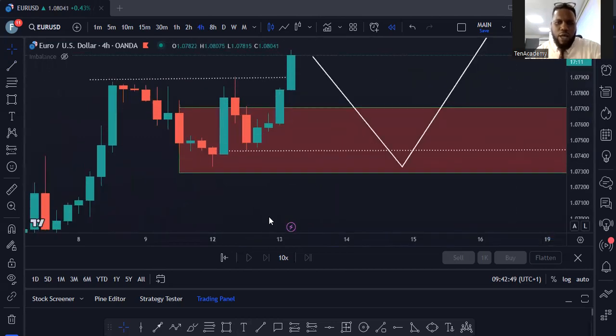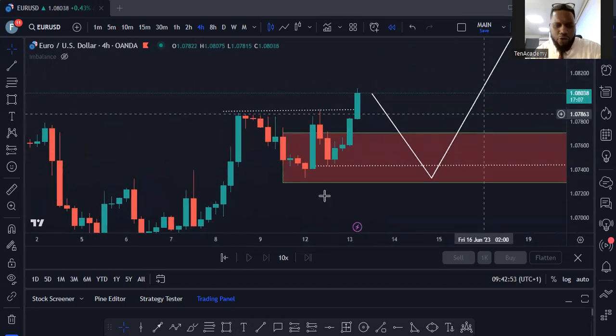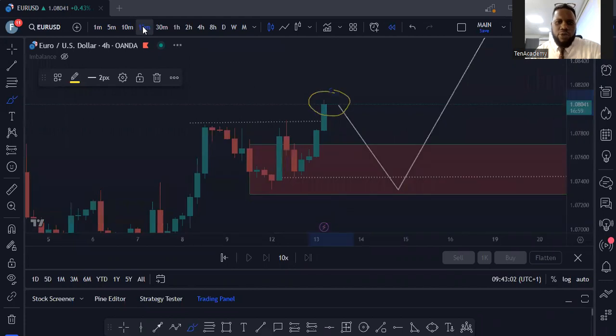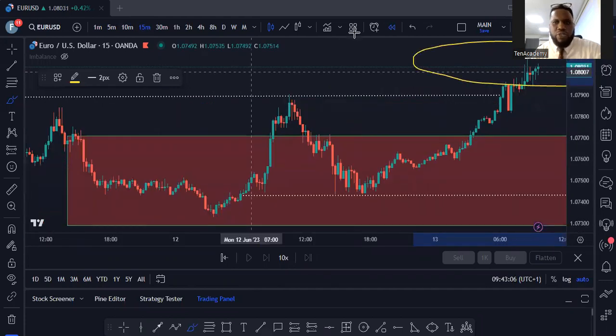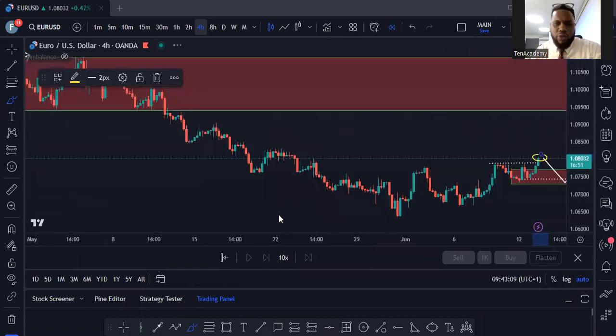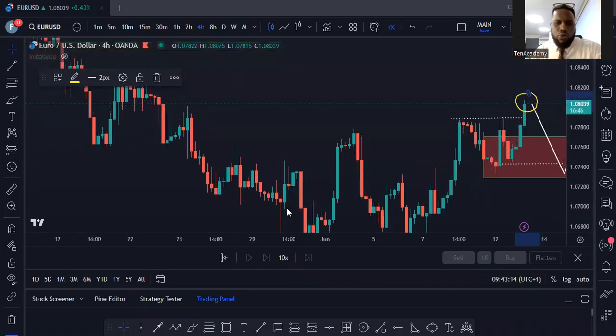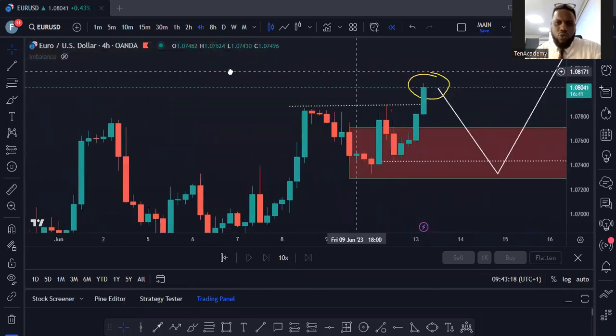I like to trade pro trend, but for those that are very aggressive, you can look for a counter trend sell, but there's no setup for counter trend yet. There's no change of character yet. It would be risky to sell right now. I'm not seeing any sell setup on Euro USD yet, just a buy.